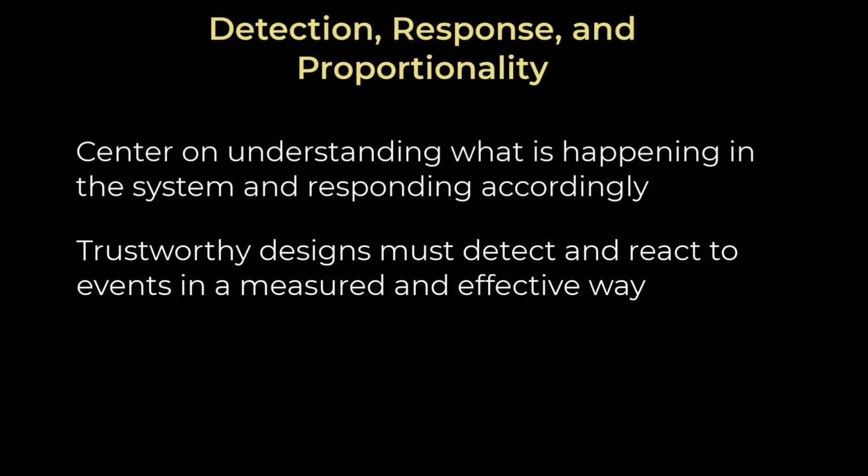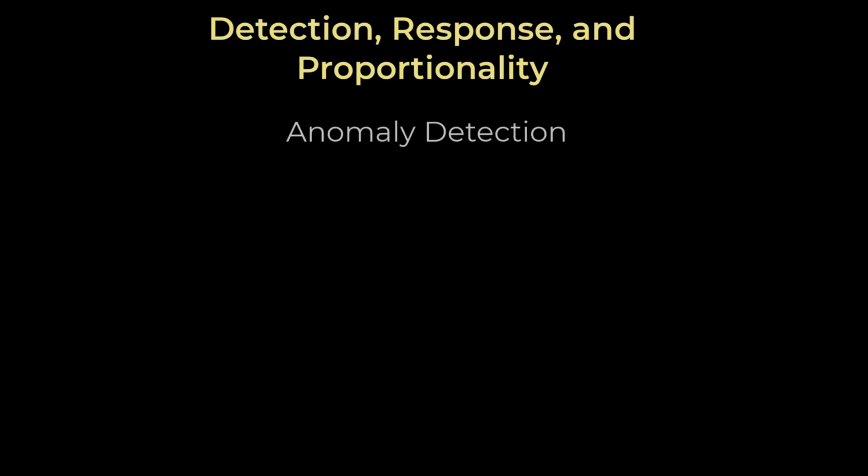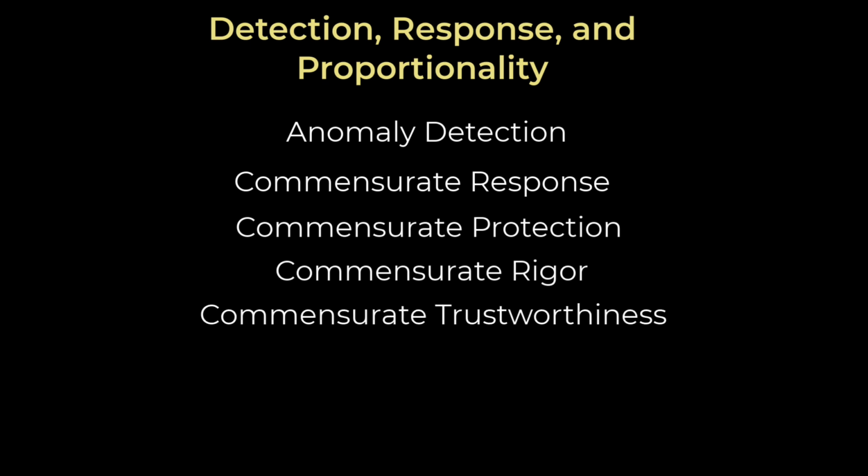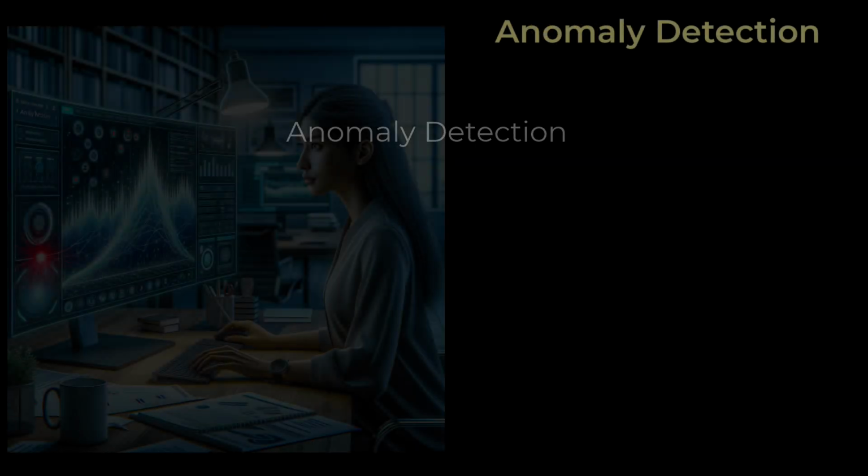Additionally, the effort we put into security measures should be commensurate with the risks, a concept of proportionality that the NIST highlights. Principles in this category include anomaly detection, commensurate response, commensurate protection, commensurate rigor, commensurate trustworthiness, and loss margins.